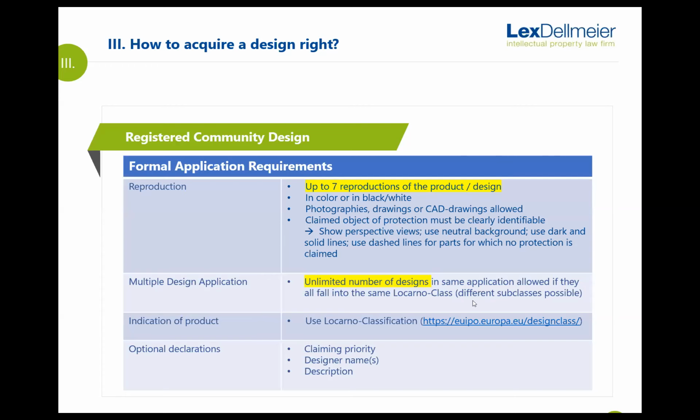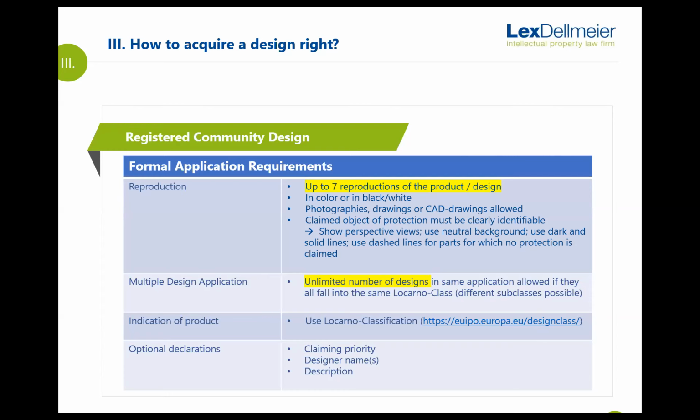Instead of 10 reproductions per product, the EU IPO only allows 7. However, you can file 3 more to show a more complete picture of your product, but you have to define which 7 reproductions are the ones that actually define the scope of protection.